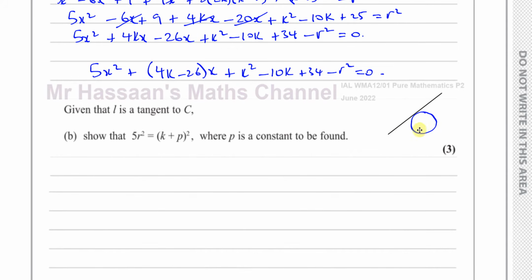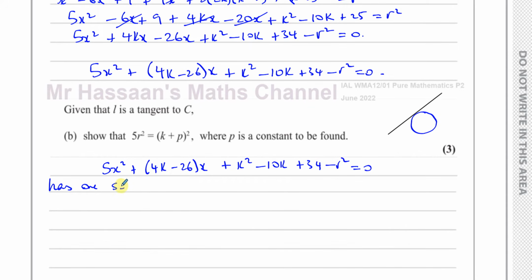The tangent just touches the circle. So where the line L touches the circle, there will only be one solution. So this equation has one solution. So we can say that the equation 5x squared plus 4k minus 26x plus k squared minus 10k plus 34 minus r squared equals 0 has only one solution.